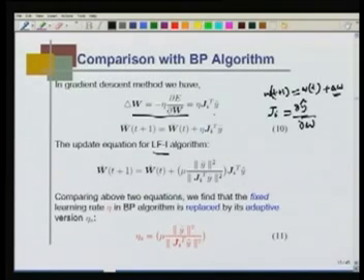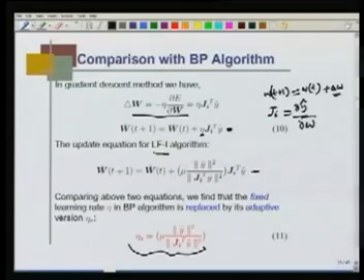So, you can easily see that the back propagation algorithm that was very popular and the algorithm we have derived have a remarkably similar form, except that in back propagation eta is a fixed quantity, whereas in this Lyapunov function based weight update law that we just now derived, this quantity is a time dependent quantity.